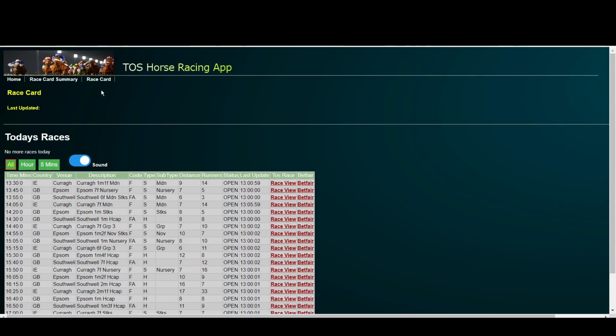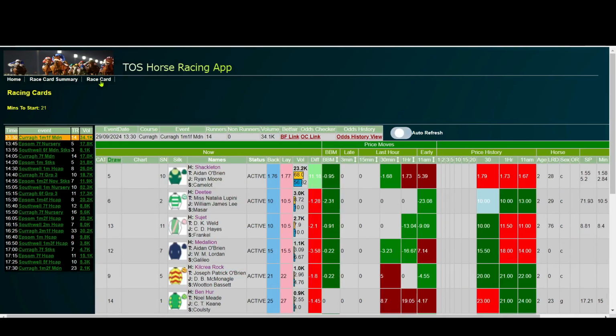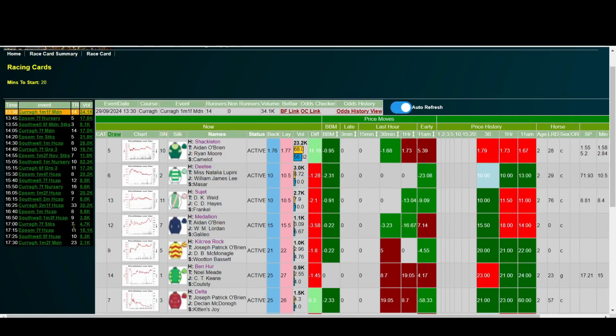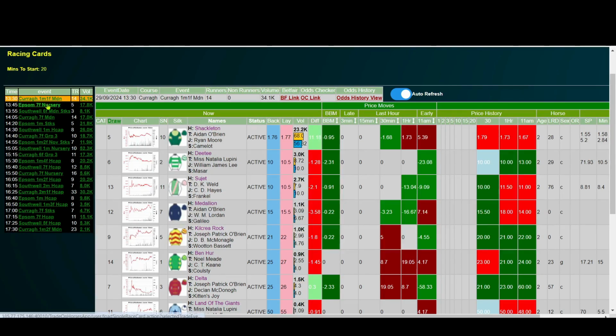So let's get on to the main thing, the race card itself. Again, on the left hand side you'll see a list of today's races. It's Sunday, a nice spaced out day for me to show you this. We're going to work through the card slightly from left to right, and then go from right to left. Down the left hand side: lists of races, distances, the amount of runners in each race, followed by the volume.